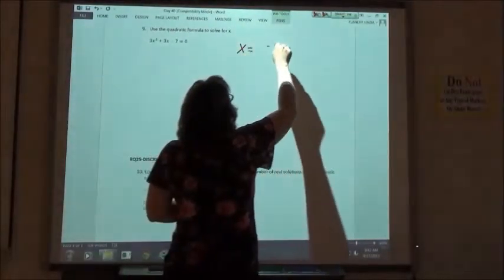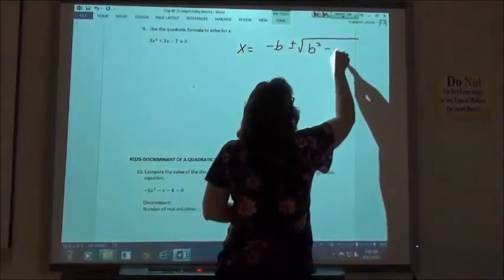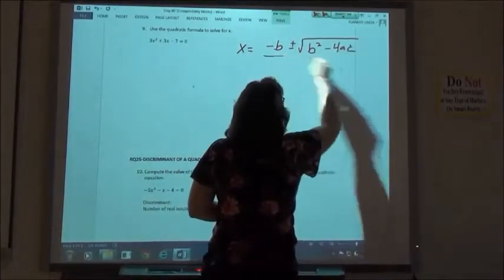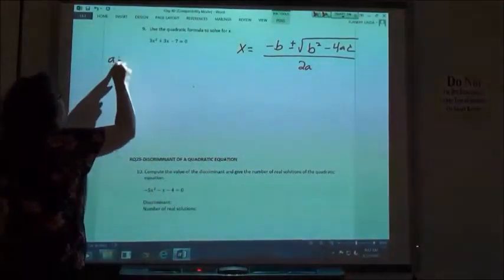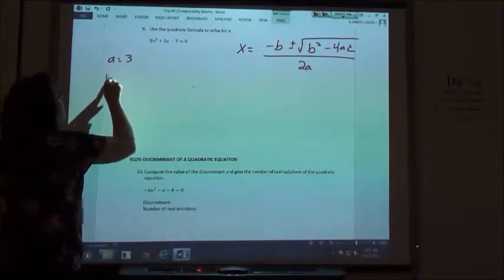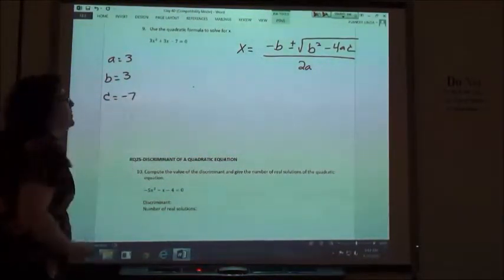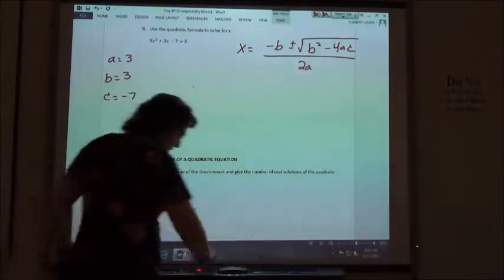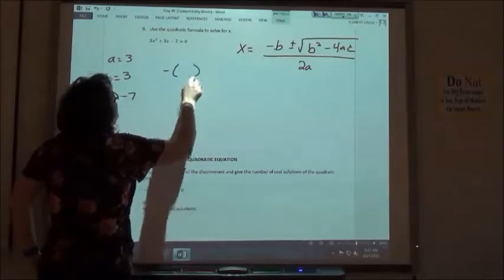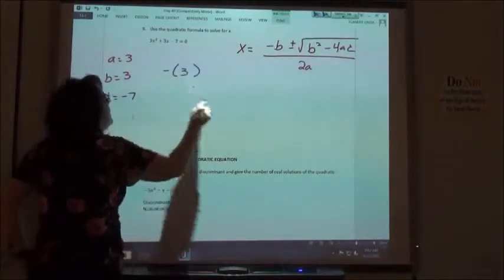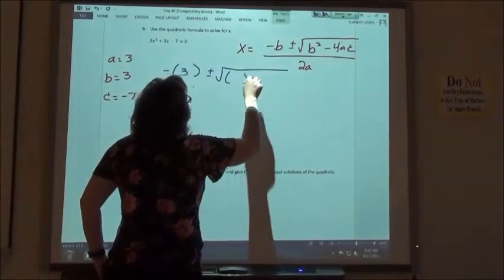x equals minus b plus or minus the square root of b squared minus 4ac all over 2a. So a in this case is going to be 3, b is also going to be 3, and c is going to be negative 7. So plugging those into my quadratic formula, I'm going to have minus the b value is 3, plus or minus the square root of the b value squared.